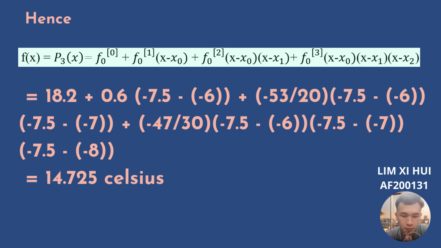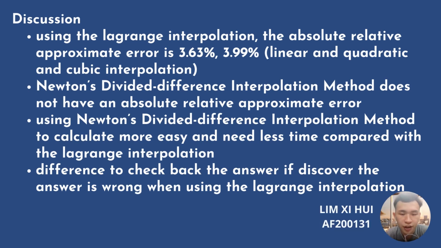We substitute the depth, temperature, and the first, second, and third Newton divided differences. We can get the answer, which is 14.725 Celsius.